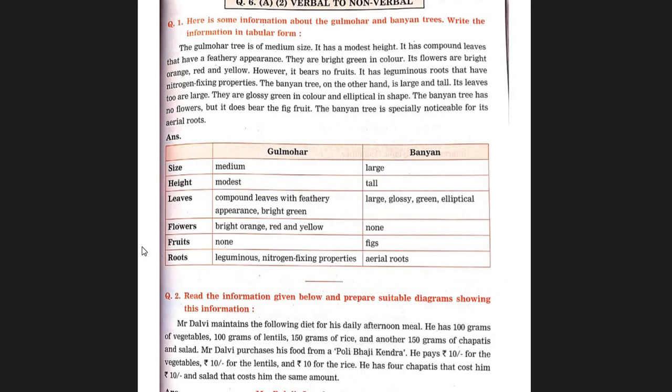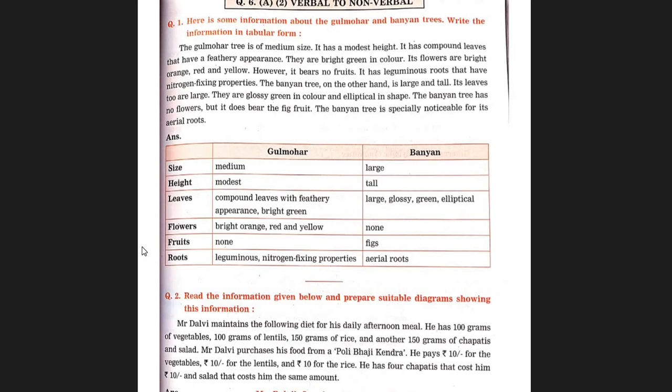So students, after reading this information, you need to classify this information into a tabular form. So as far as the information you have taken from the passage, very first, this particular passage is speaking about trees, and those trees are specified, Gulmohar tree and the banyan tree.